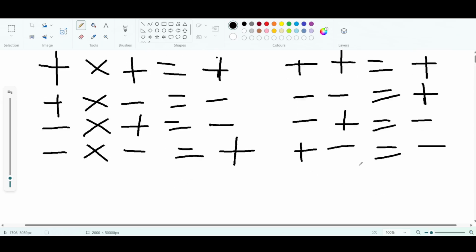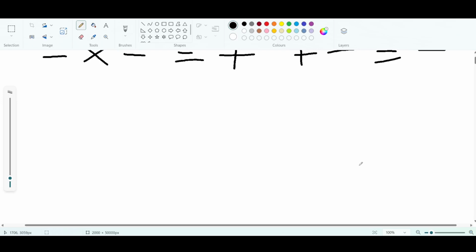So we want to go to the next part, which is now putting these numbers together and multiplying them. That is, putting the signs before the numbers and multiplying them. Like when we have minus 2 times minus 3, what is going to be our answer?